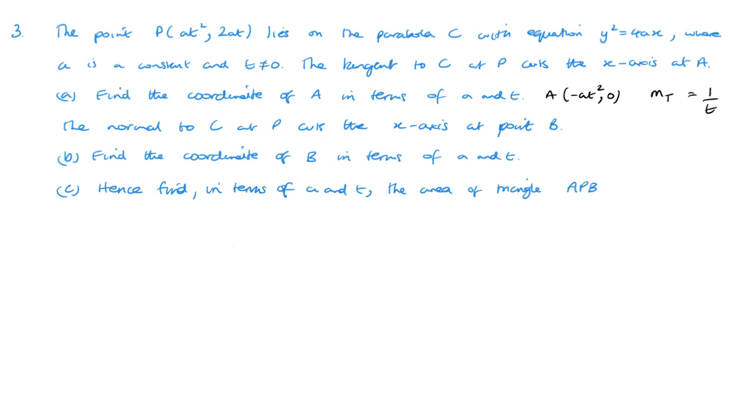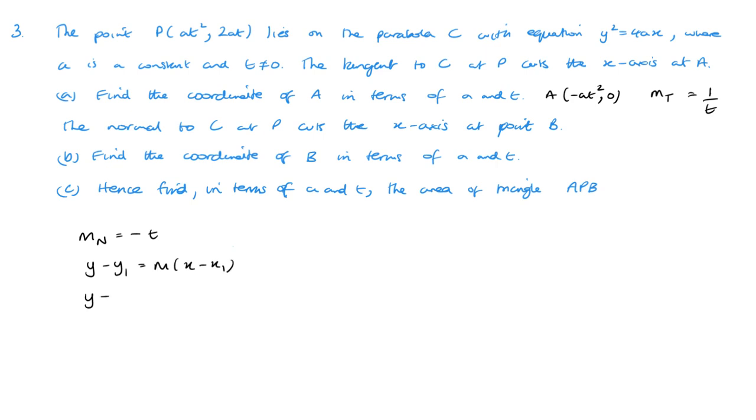Well, we've got the gradient of the tangent. So the gradient of the normal is change the sign and flip. So it's minus t. So y minus y1 equals m times x minus x1.